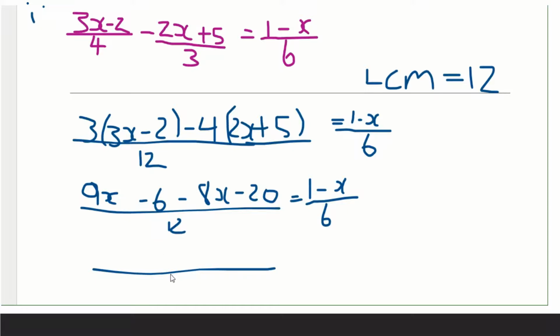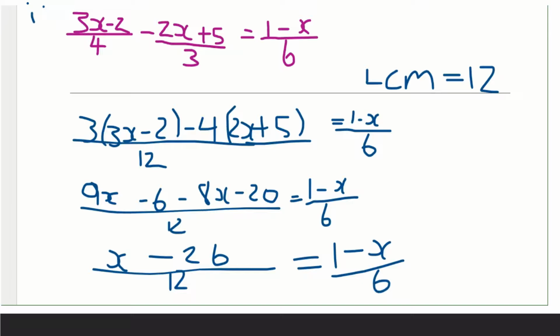Now I'm going to go ahead and simplify by grouping the like terms. So I have 9x minus 8x, so that's x. And I have minus 6 minus 20, and of course that's minus 26. And that's equal to our 1 minus x all over 6.